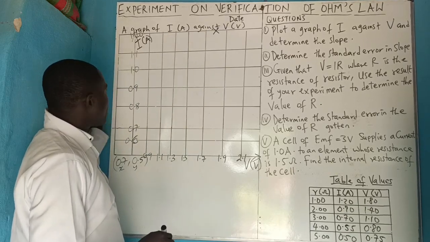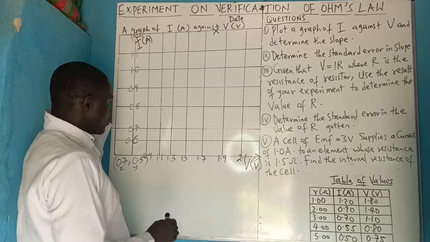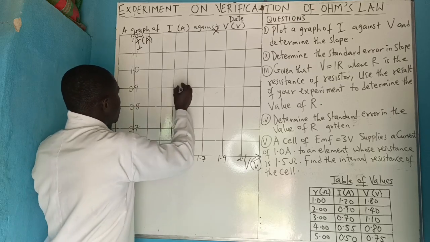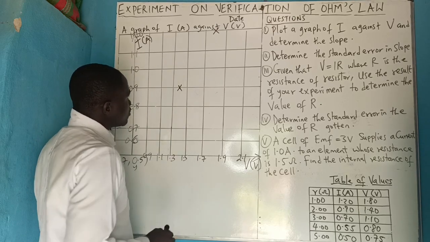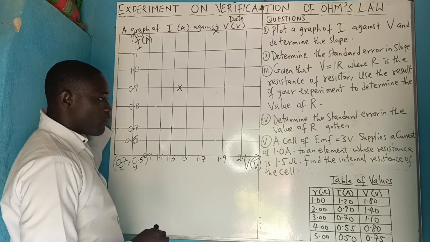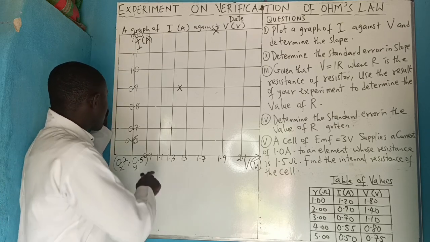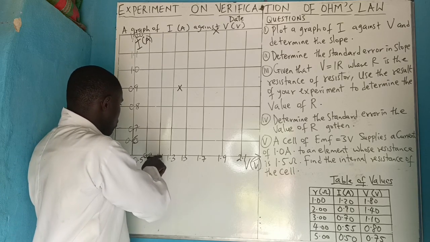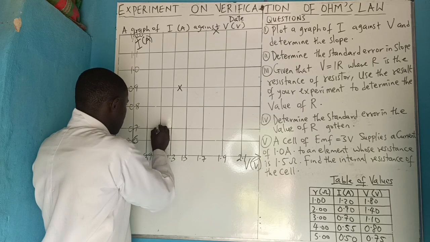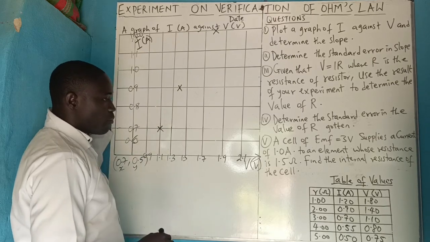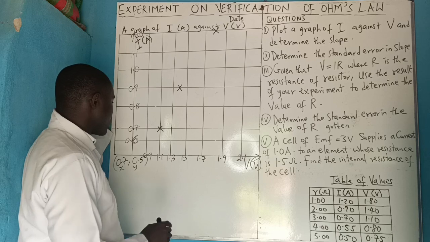So I will put here 0.9 against 1.4. Then 0.7 against 1.1. 0.55 against 0.8.